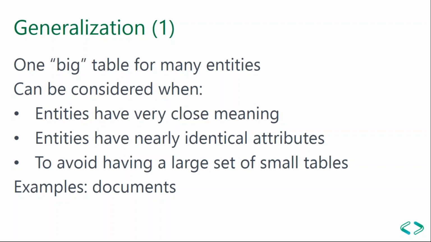A person can have some documents, passport, social security number. An employee can have some documents, for example, in order to hire, or for some job transfer. A student can have some documents. So you can decide that it will be better to place all this data in one big table.